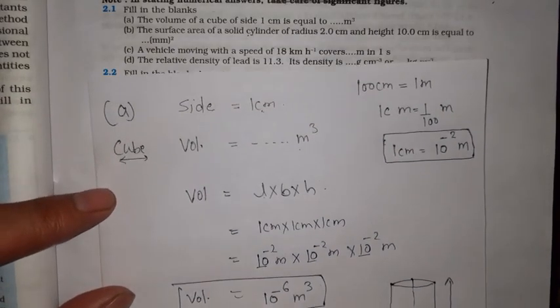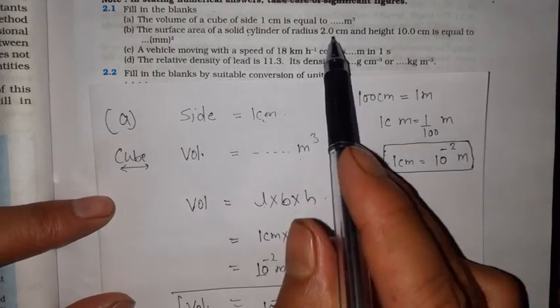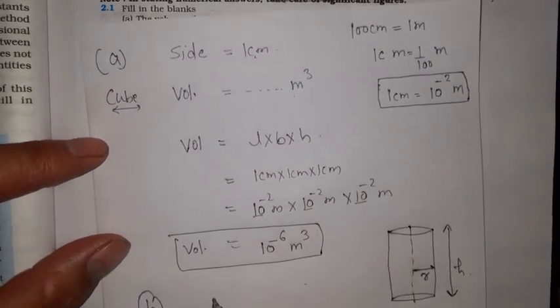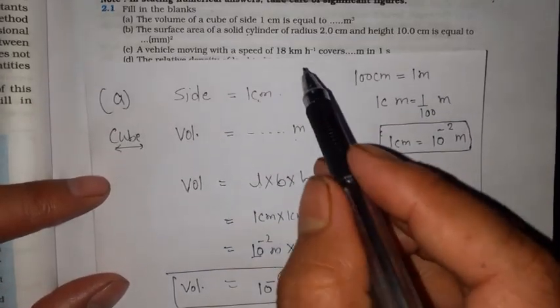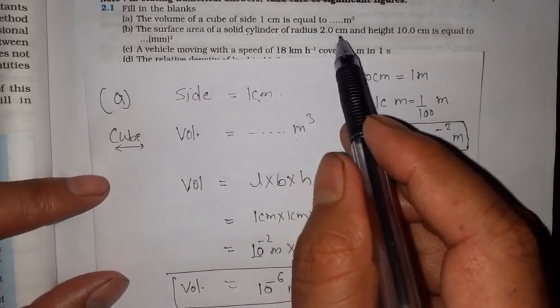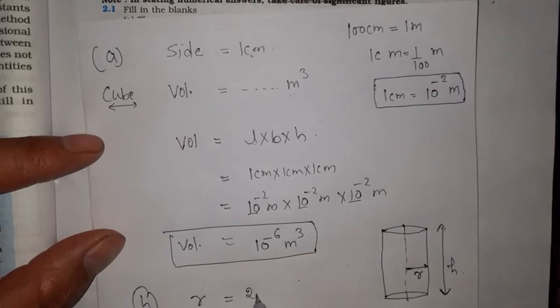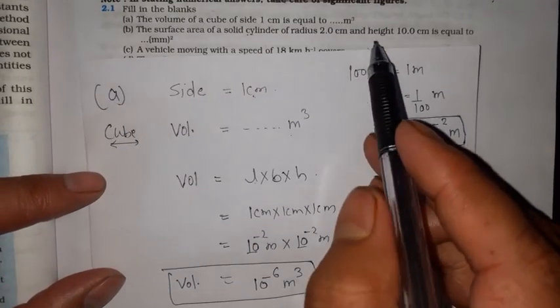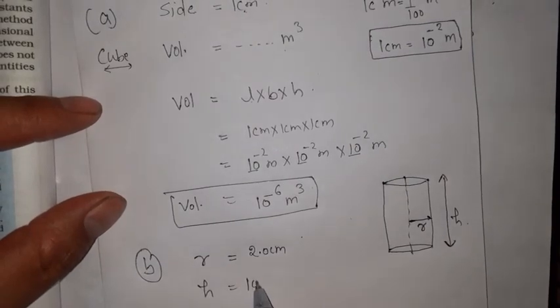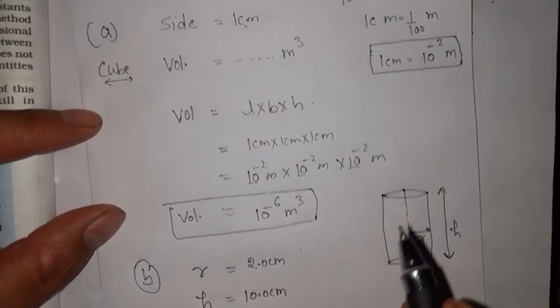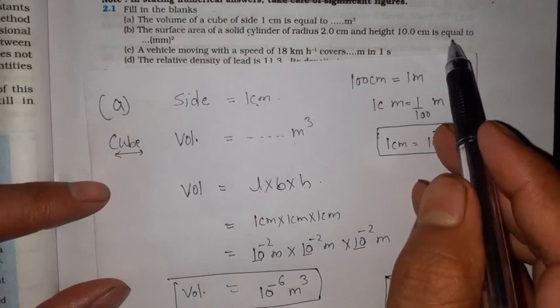According to the question, I suppose the radius is r, which is 2.0 centimeter, while the height is 10.0 centimeter. What is our demand?